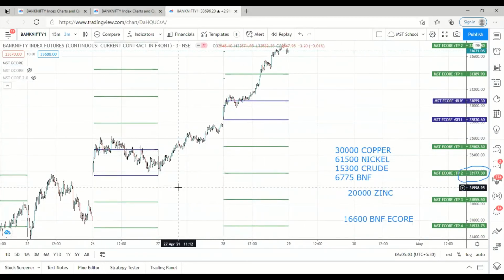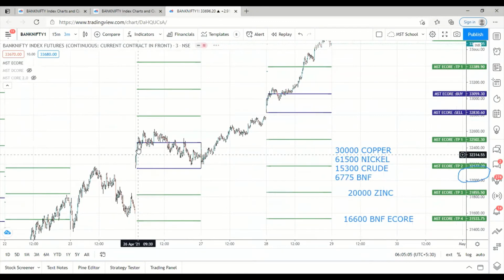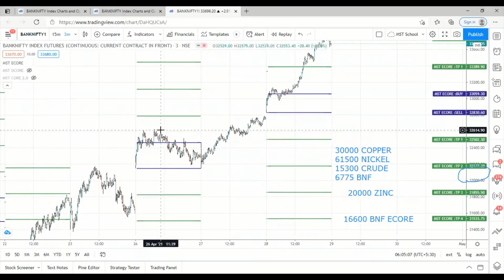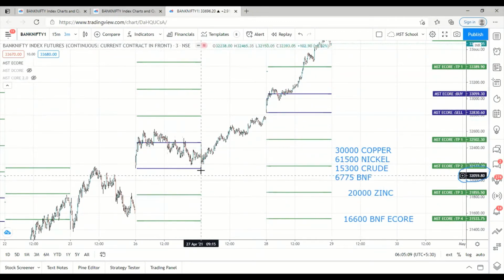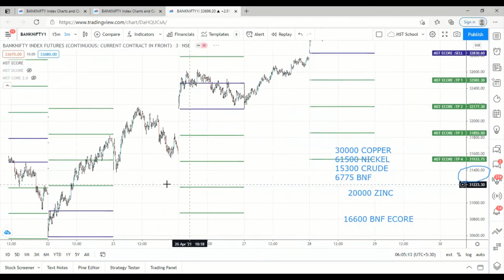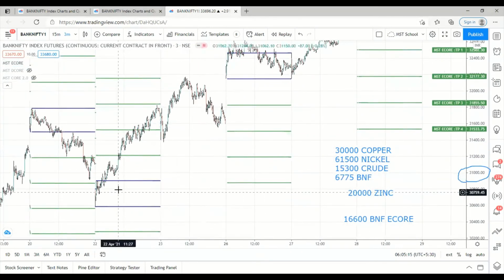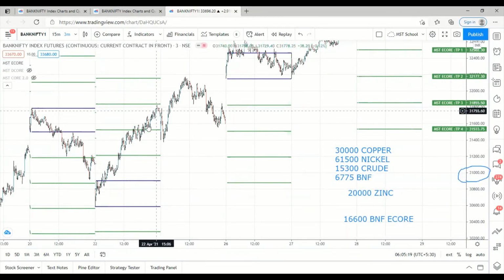On the previous day we had no trade, and on the previous day we got the buy entry, we got some 200 points profit. Then it came down, but SL did not hit. So here on the previous day there is no trade. On the previous day we had a trade. See here, buy activated, first target, second target, and third target also done.